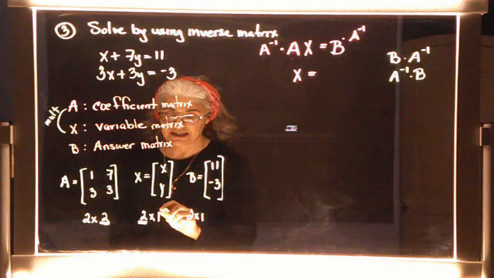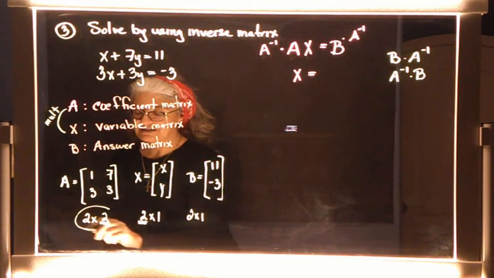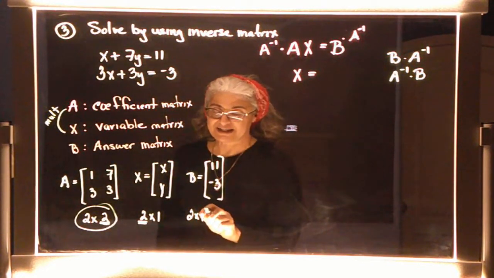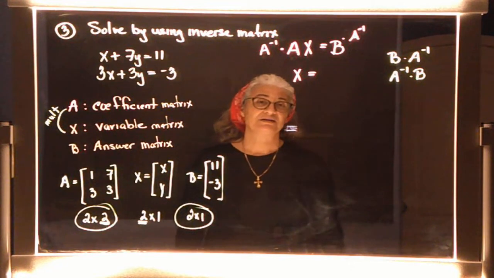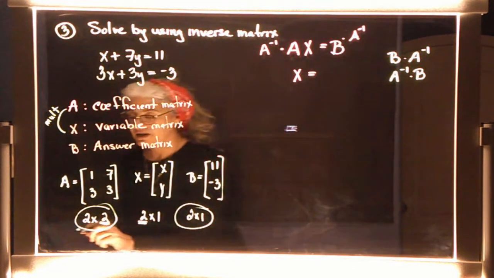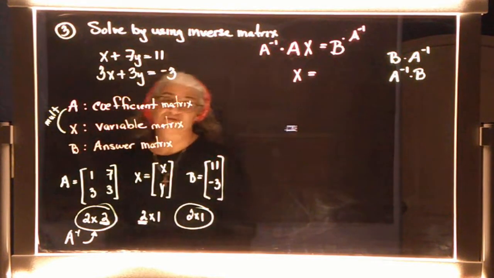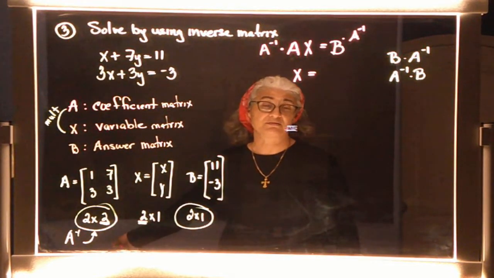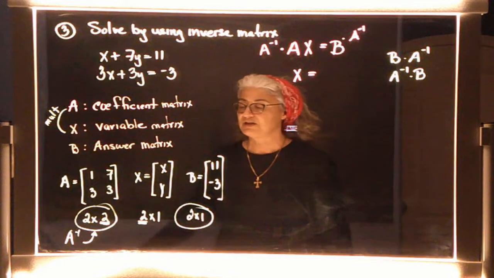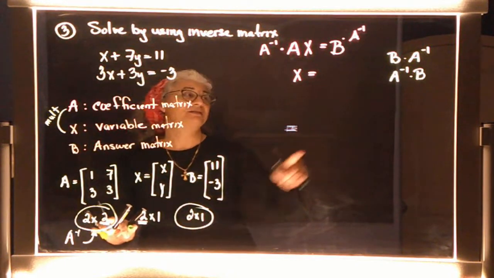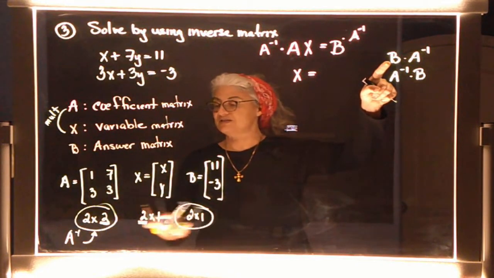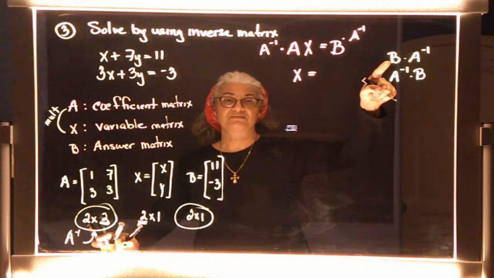Remember, here is your A, it's a 2 by 2, and here is your B, it's a 2 by 1. Remember, A inverse is also going to be a 2 by 2. I showed you that on the first problem, didn't I? So which order do I multiply these? Do I do the B first times the A inverse?